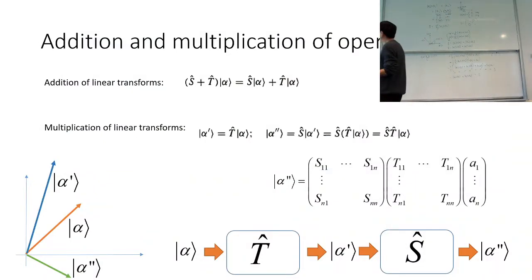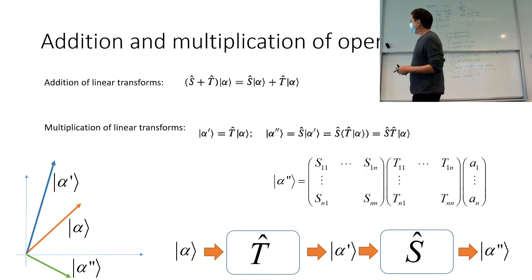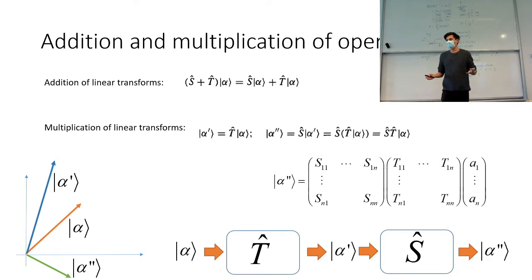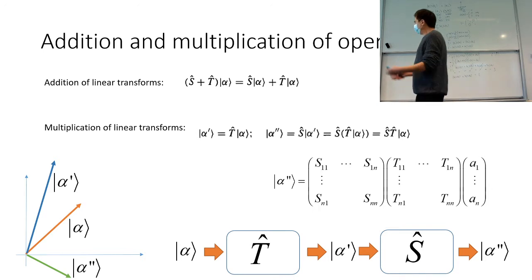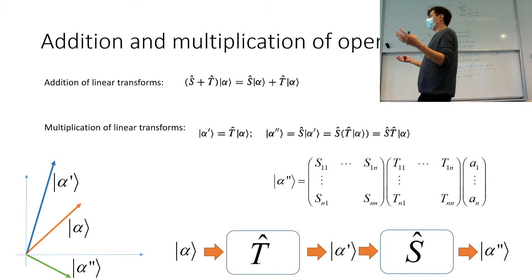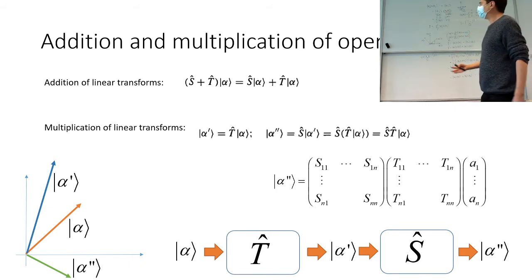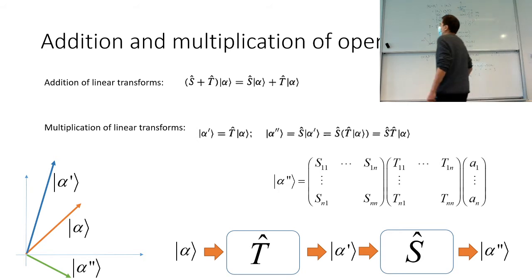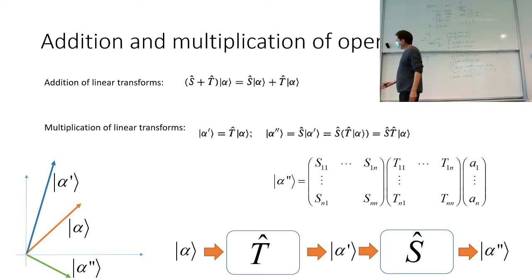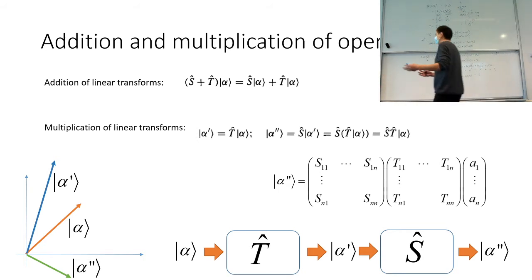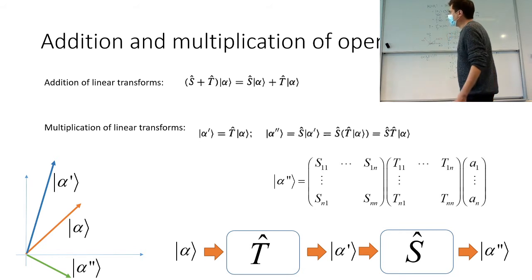So, addition and multiplication of operators. This is what happens when you've got two operators. Just like vectors, you can add or multiply operators or matrices. Same thing in this context.